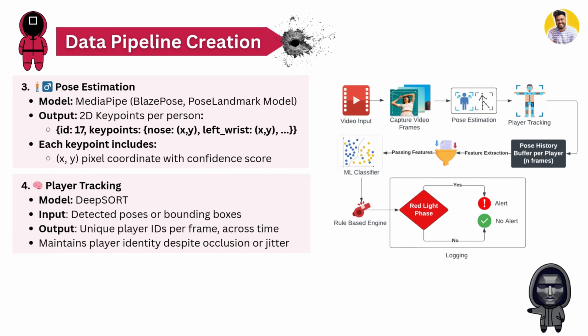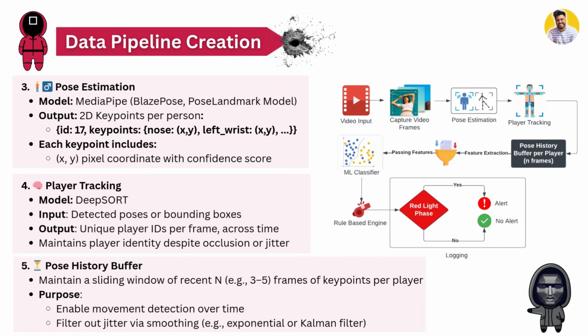And then we use DeepSORT to create a unique identity for each player. For each input, we detect the pose and/or the bounding box, and for each output, we get a unique player ID per frame across time, and maintain the player's identity despite any kind of occlusion or jitter. And to detect the violation, we have this feature, the pose history buffer: for each frame, while the light is red, we maintain a sliding window of n frames of key points per player.